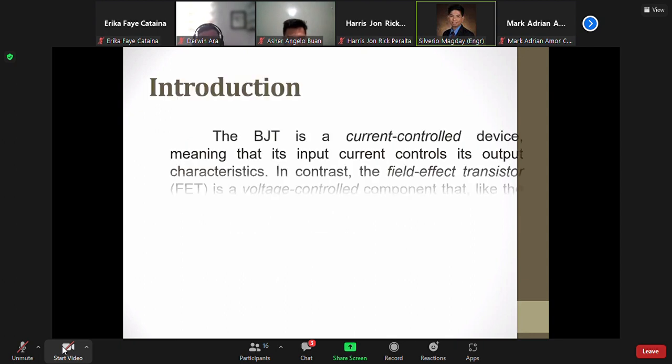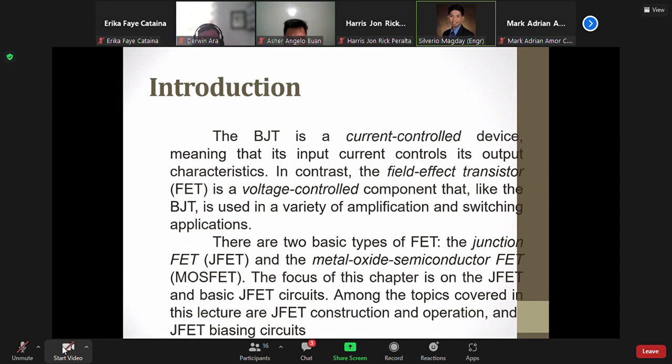A BJT is a current controlled device. When we look at the FET, most likely we look at the calculation as in the BJT, where your input current controls your output characteristic.